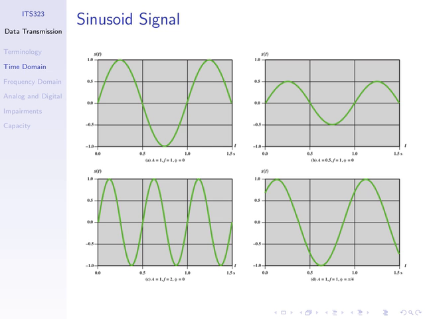To illustrate those concepts, here's a simple example. The first diagram shows a sinusoid with a peak amplitude A of 1, a frequency of 1 and a phase of 0. So this is a plot of that.